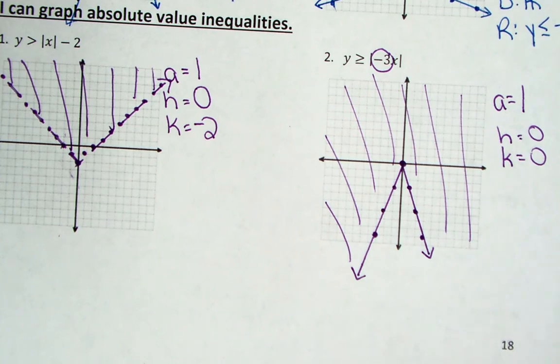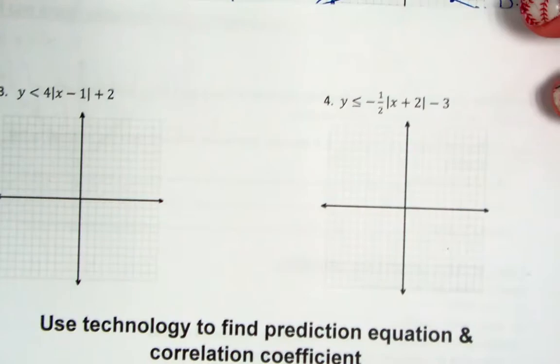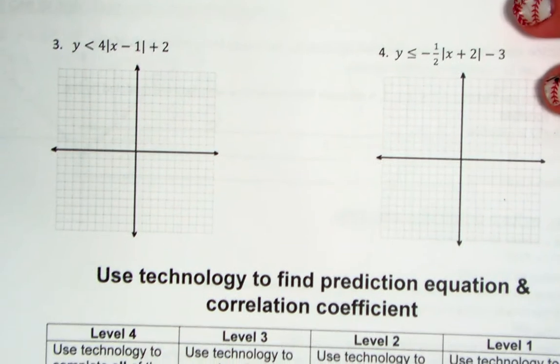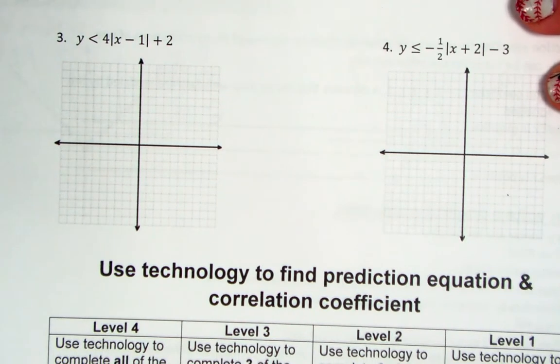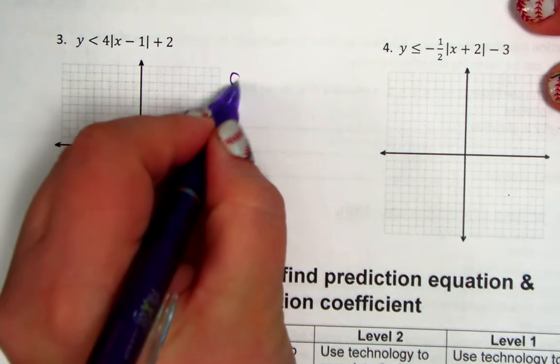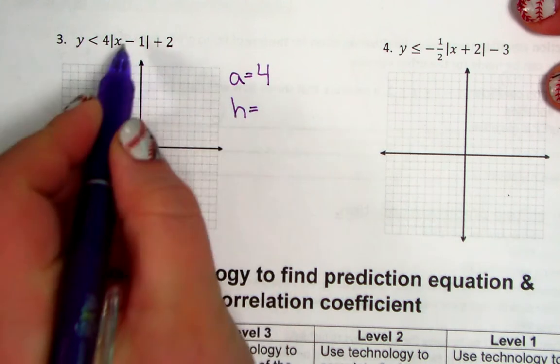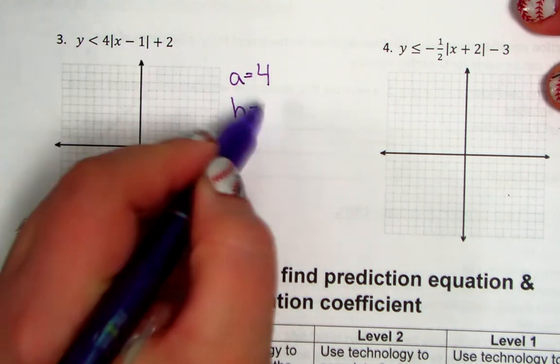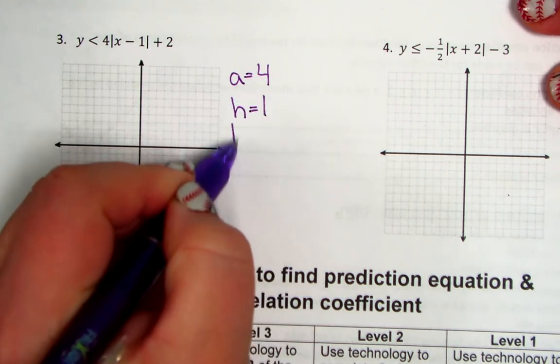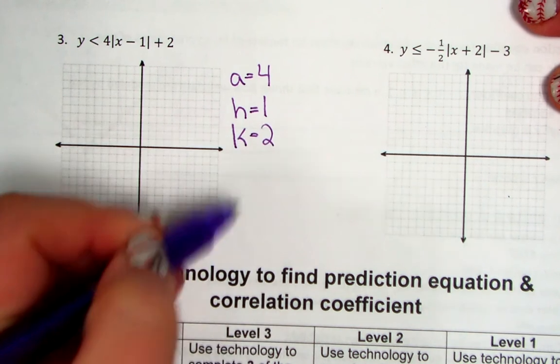Let's look at our next example, number 3. So for number 3, we have an A value of 4. H is the opposite of what it appears to be, so it's positive 1. And K is 2.